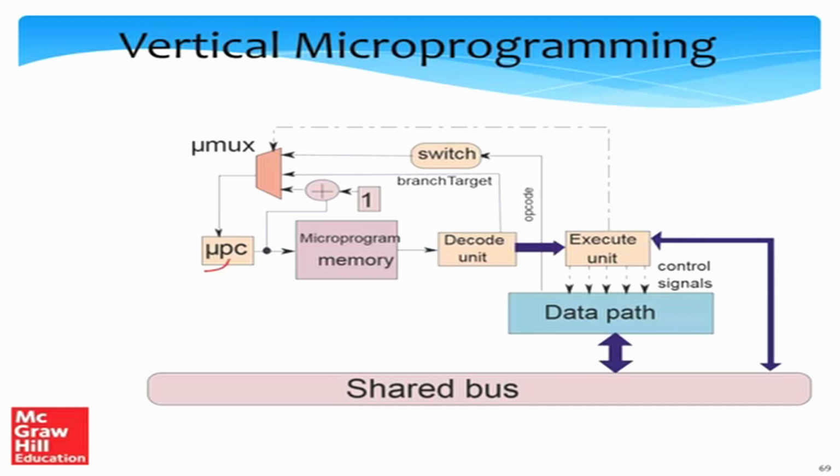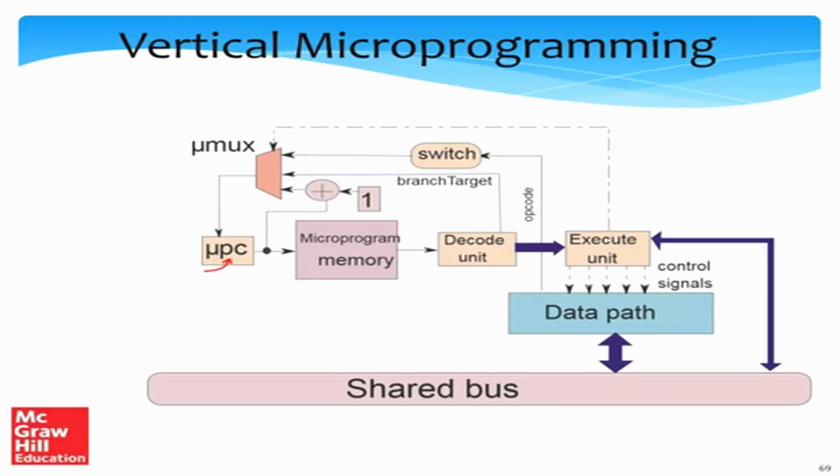We have a micro PC which goes to the microprogram memory, and it is incremented, which sequentially scans it unless there is a jump. It reads each micro instruction, which is sent to the decode unit, which generates the control signals that go to the execute unit. The execute unit uses the control signals to control the data path as well as the shared bus, notably the transfer multiplexer.